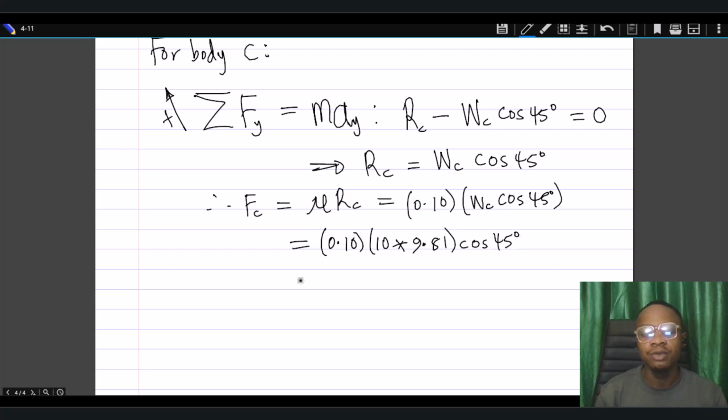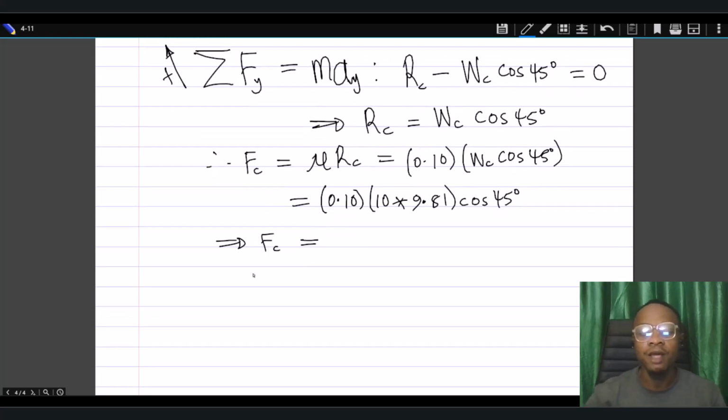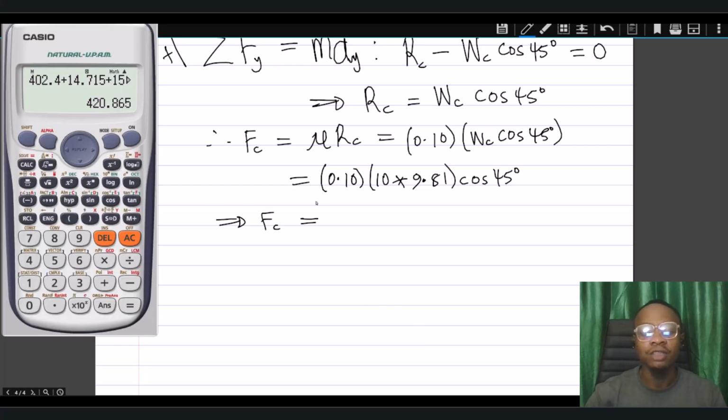Our calculator can just give us what that is. So we get the frictional force on body C to be equal to, let's consult our calculator, 0.1 times 10, that is 1. So altogether we just have 9.81 multiplying cos 45 degrees.